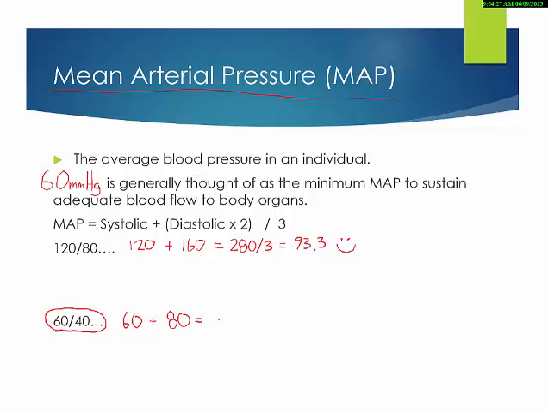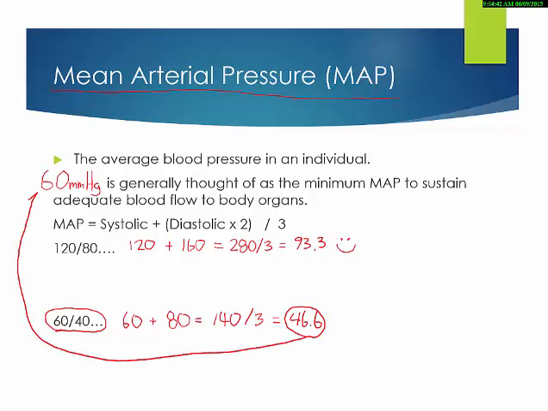This is going to give you 140, and then you divide that by 3, and that is going to yield 46.6. So 46.6 here, if we take a look at that, is going to be a bad mean arterial pressure.